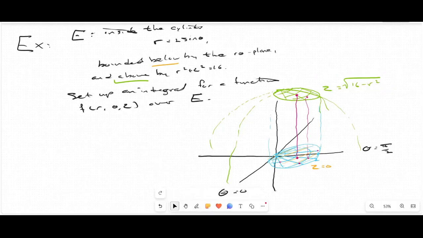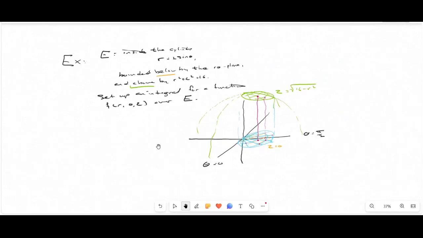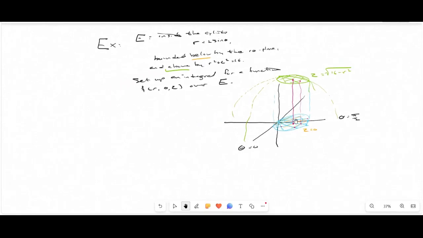That's our ceiling. If that makes sense to you, then you understand that we want an order where z is on the inside. And then we're used to it already from polar coordinates, r is going to be a function of theta. So we're going to do this order, r dz dr d theta.